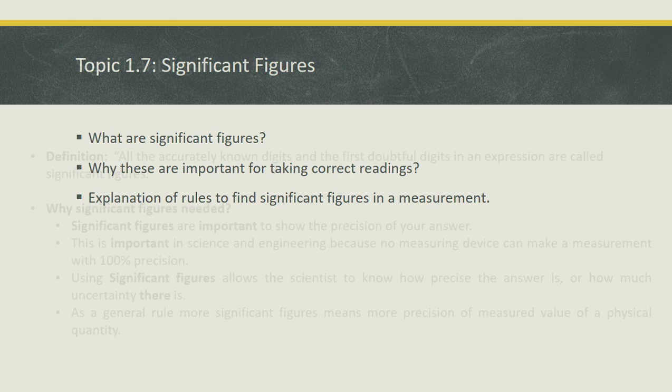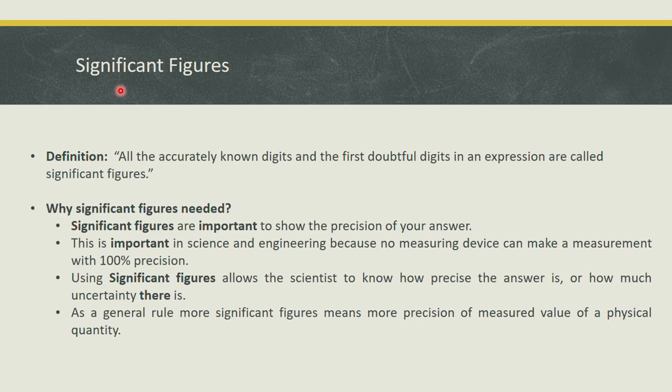So let's start. First of all, we will define what significant figures are. All accurately known digits and the first doubtful digit in an expression are called significant figures.